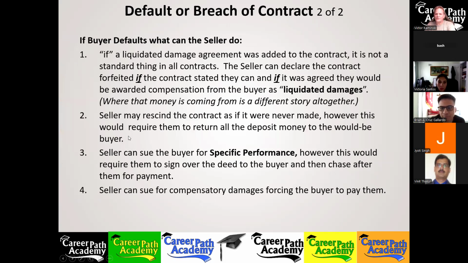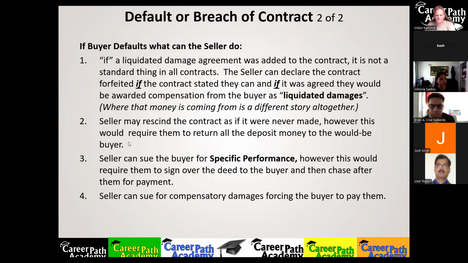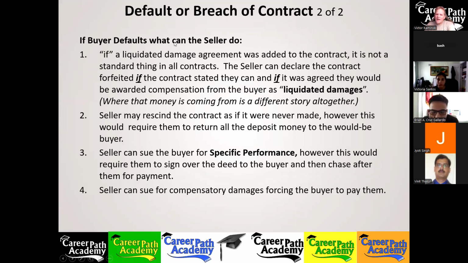So now, if the buyer defaults, what can the seller do in the event that the buyer were to default? Well, if there was a liquidated damage agreement added to the contract, it's not a standard thing in all contracts, the seller can declare the contract be forfeited if the contract stated they can.